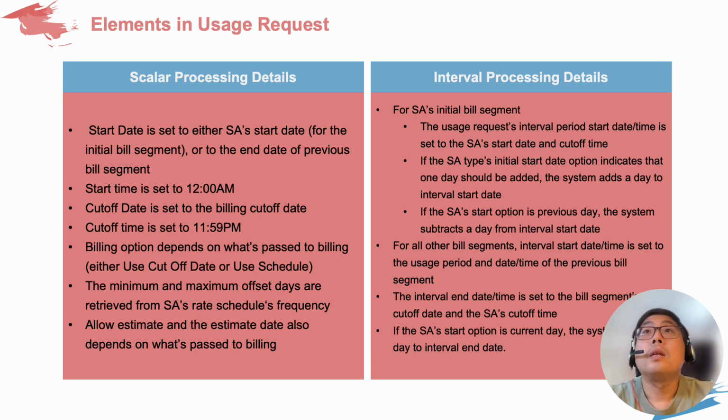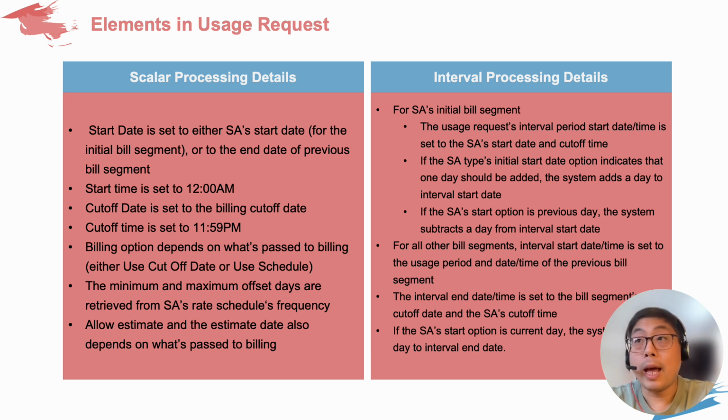Okay. Right. So on the right hand side will be interval. Scalar and interval: if you are not aware of these two, I can explain a little bit, but there are more details to go through. Essentially, when we're talking about scalar, we are talking about meter readings. On a meter, you actually see a number, right?